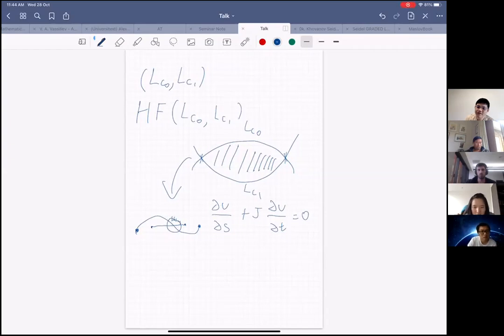Does that mean that some calculations in Floer homology can be done in the two-dimensional disk? The lemma you just proved has two actions, one on the Lagrangians L0, L1, and one on the disk, the curves.